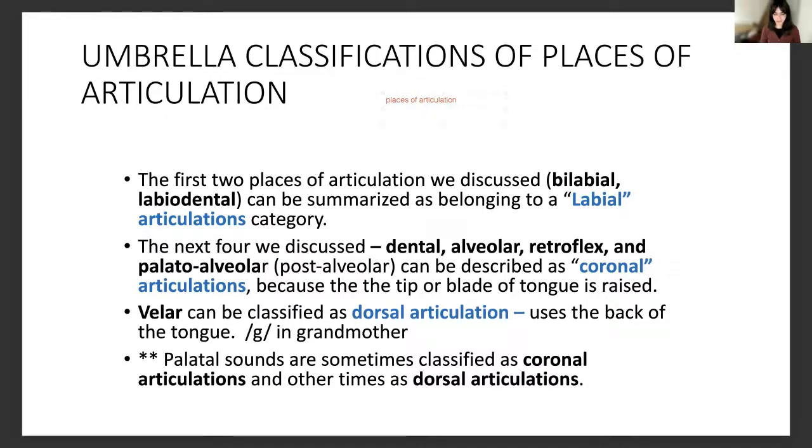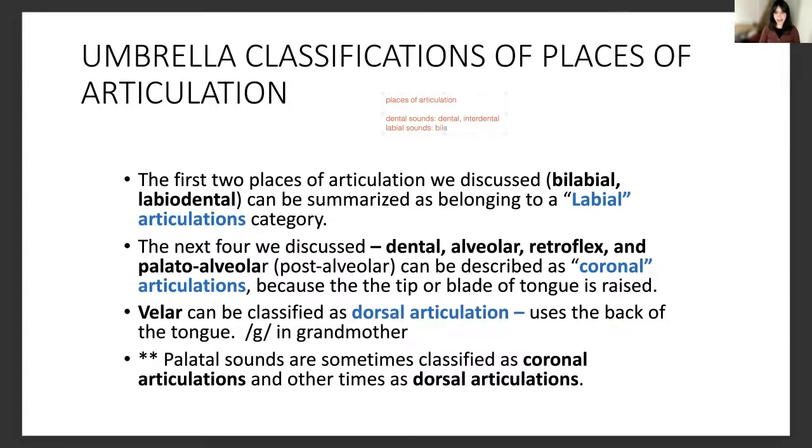Specifically, we spoke about dental sounds. So we have dental, interdental, so between teeth. We spoke about labial sounds, so they involve the lips.